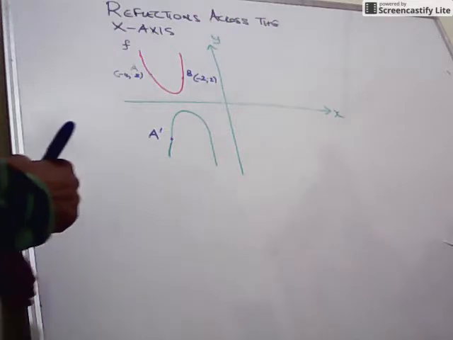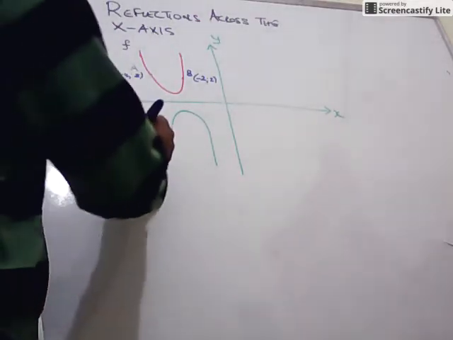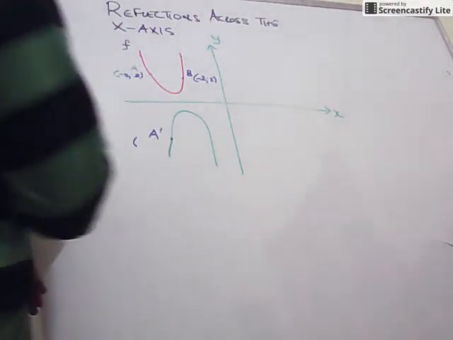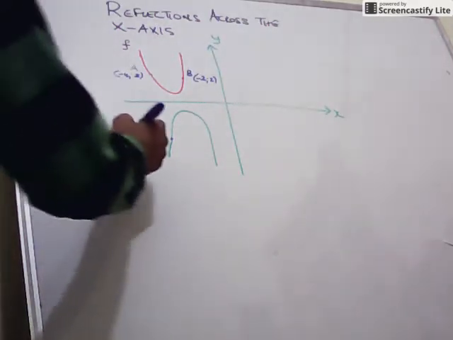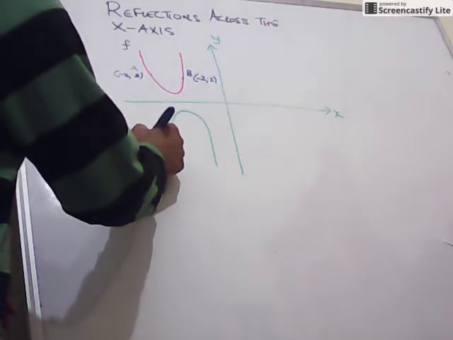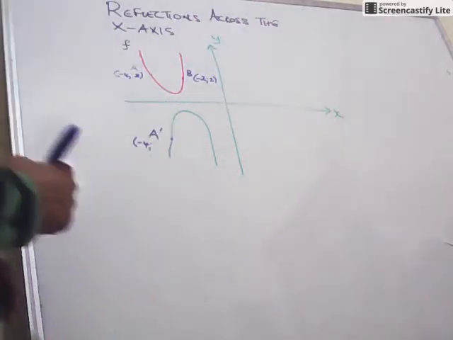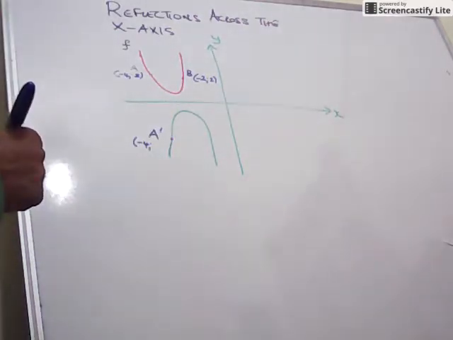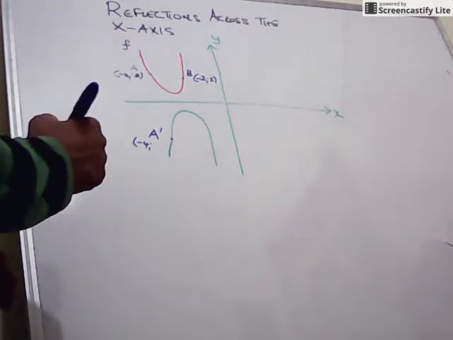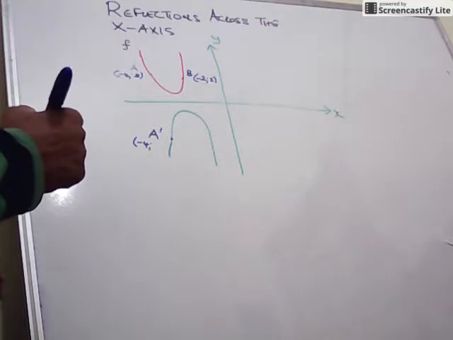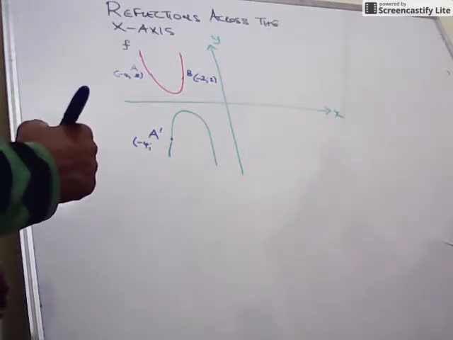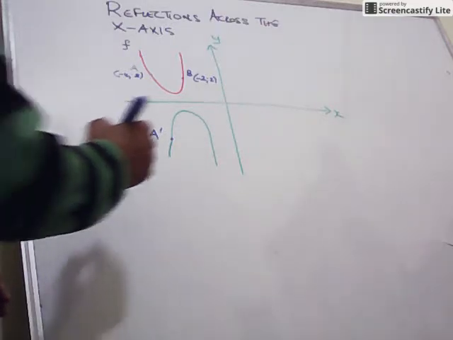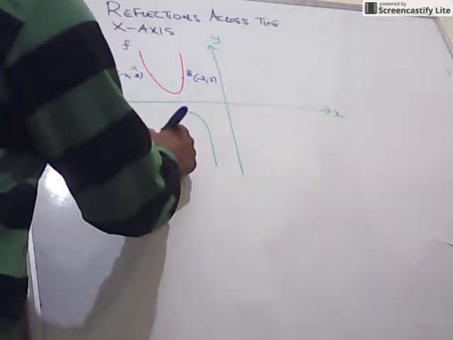I want you to take note of the following: because it's across the x-axis, my x-coordinate will remain the same, but my corresponding y-coordinate would now change sign. Instead of being +2 in A, it will now be -2 in A prime.